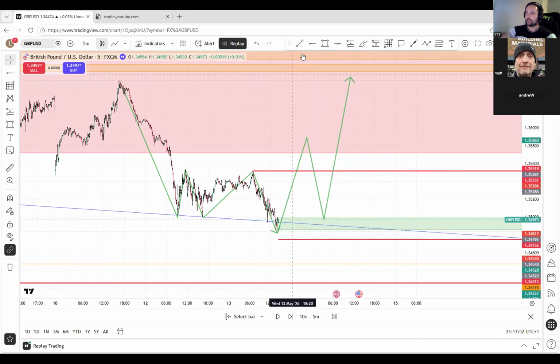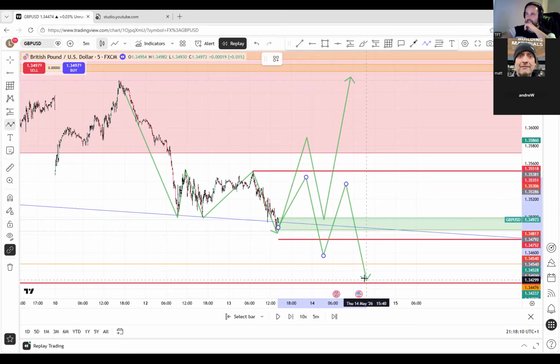The other option, I'll turn the color different once I've done. If it doesn't take the high and then retakes the low, I'm expecting it to come and mitigate something in this, and then sell off.